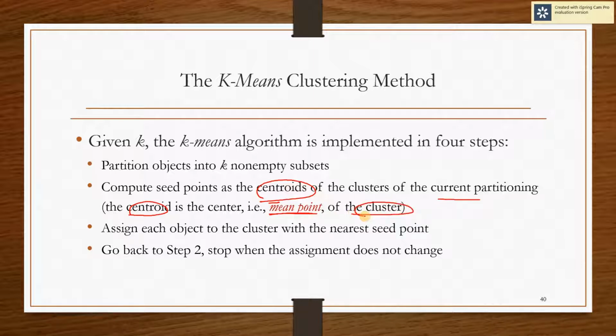When you say mean point, you add all of the points in the cluster and divide by n, the number of points in your cluster. Then you assign each object to the cluster with the nearest seed point, and go back to step 2, and you stop when the assignment does not change.